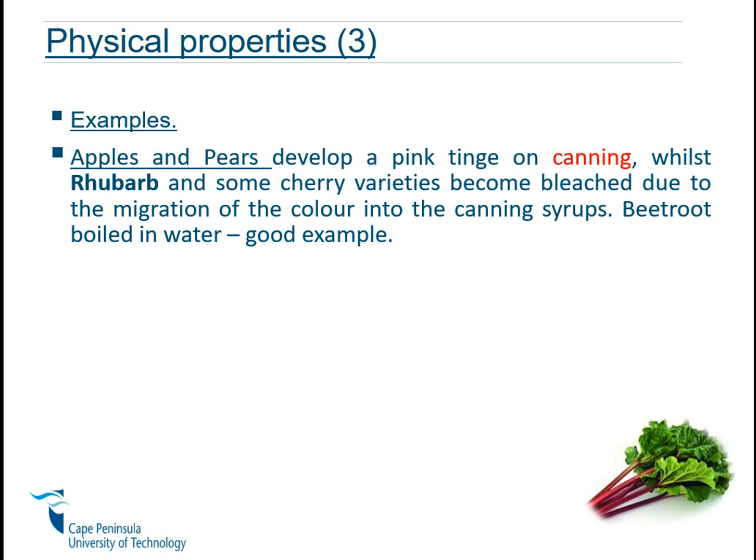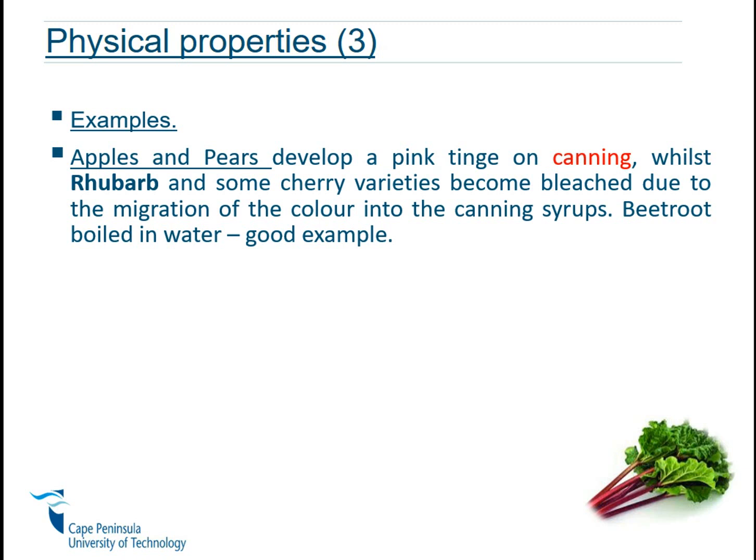So the question that you should ask as a student of food science and technology, taught by Dr. Mshayisa, is what are the color pigments that are found in rhubarb? Rhubarb is red. What color pigments are found there? There's something reddish there, there's something green. That will explain the bleaching.